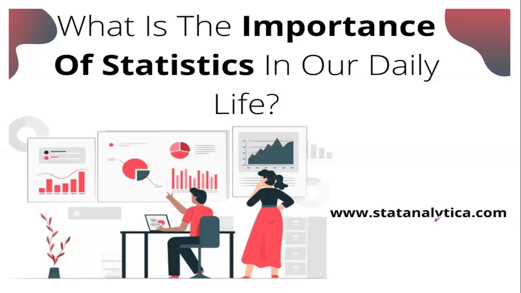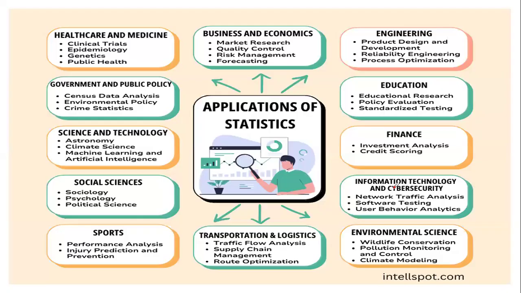So here are the areas where you can apply statistics. You can see we have a lot of places here. But for example, I pick healthcare and medicine. We'll be able to use statistics to alert the public if there's an outbreak of a disease.